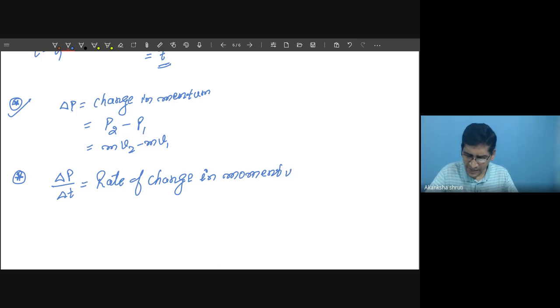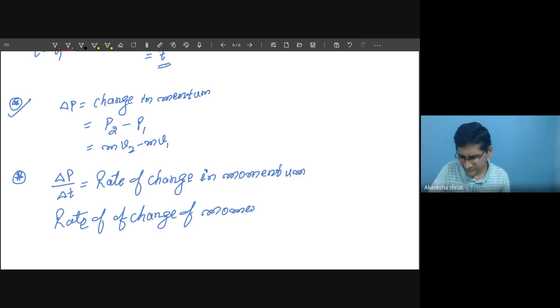This is the same as what we defined for acceleration as the rate of change of velocity. So the rate of change of momentum will be given by how? This rate of change of momentum is denoted by delta P by delta T.